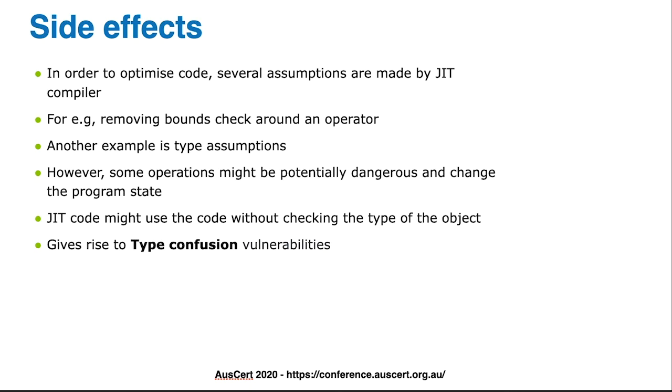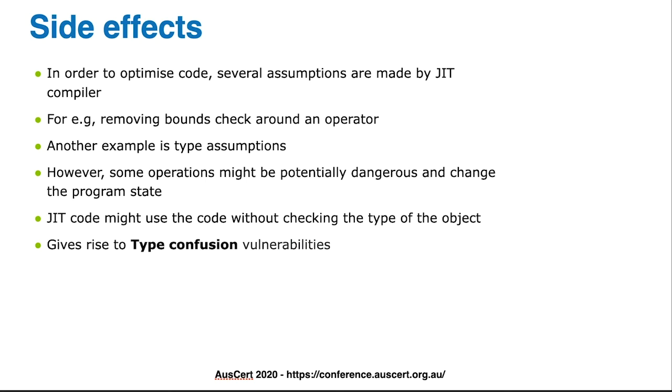Okay. However, in order to optimize the code, since we discussed, there are several assumptions which are being made, right? Such as assuming types, or in certain cases removing bound checks. Okay. These actions can be potentially dangerous and change the program state. And the JIT code might use the code without checking the type of the object, which might give rise to several type confusion vulnerabilities.